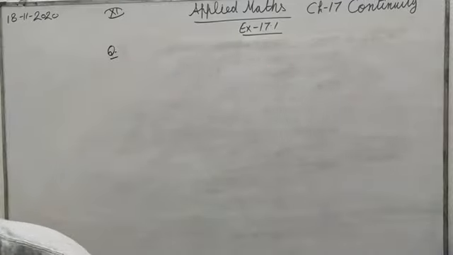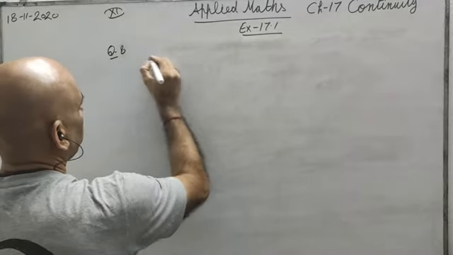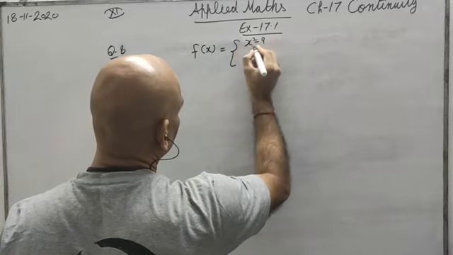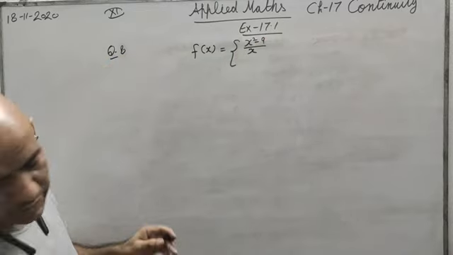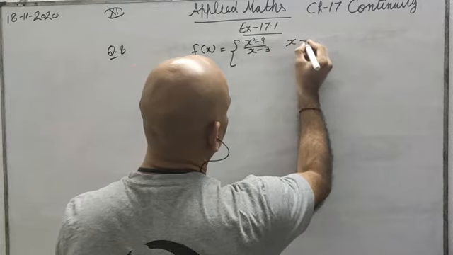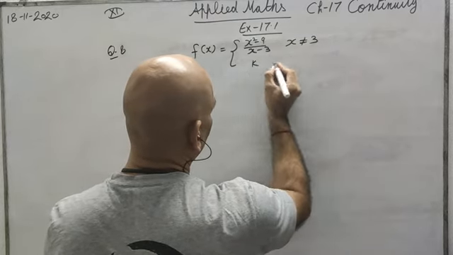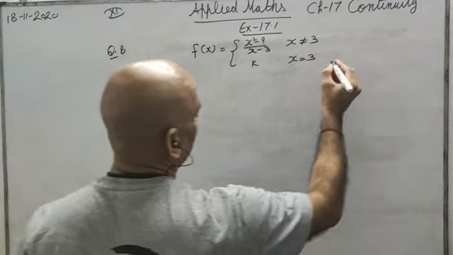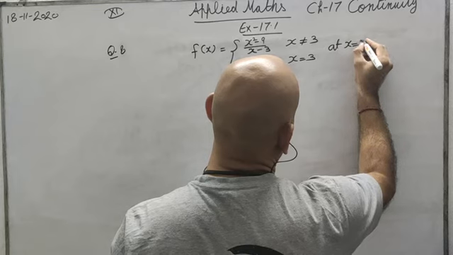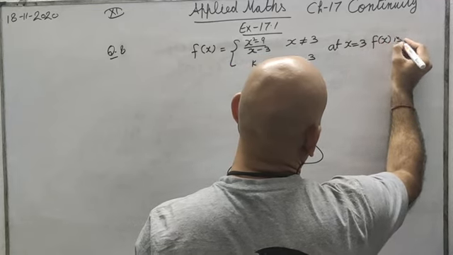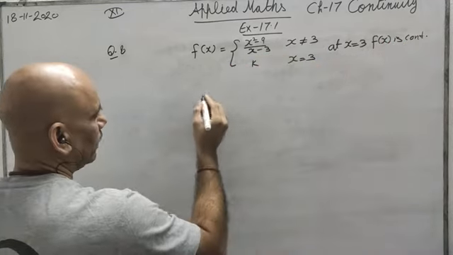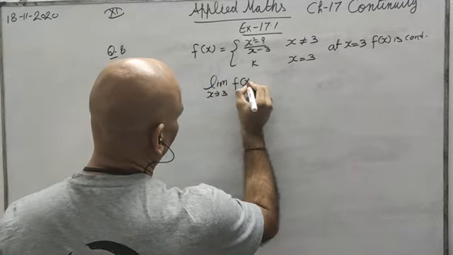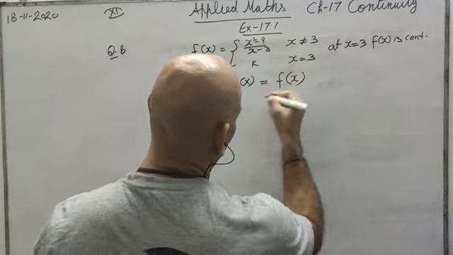What is the question? Question number 8. f(x) is given as x square minus 9 upon x minus 3 when x is not equal to 3, and k when x is equal to 3. Since f(x) is continuous at x equals 3, the limit as x tends to 3 of f(x) is equal to f(3).